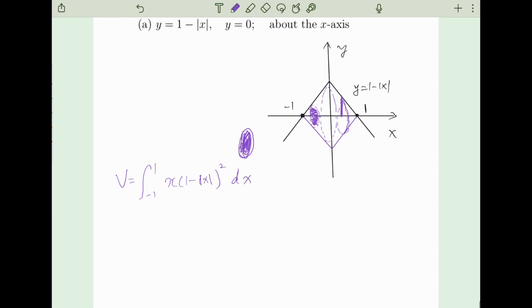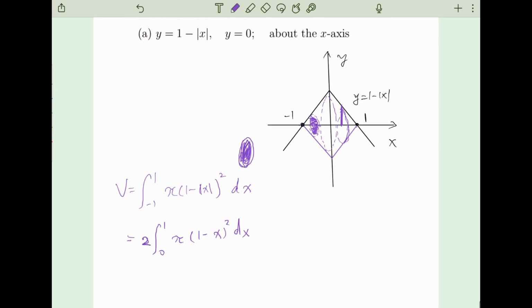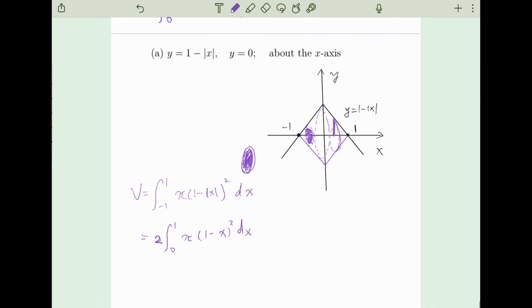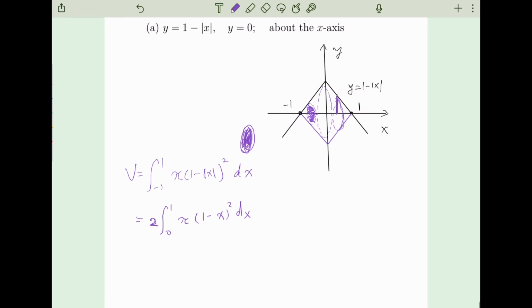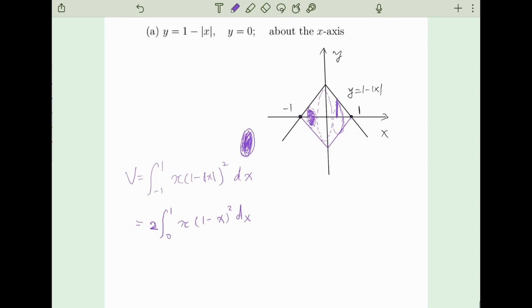And to remove the absolute value, we have done something like this in our previous tutorial. We used the symmetry, right? That's twice of this, from 0 to 1. We don't have to go from -1 to 1 because of the symmetry. And from 0 to 1, x is positive, so you can remove the absolute value.